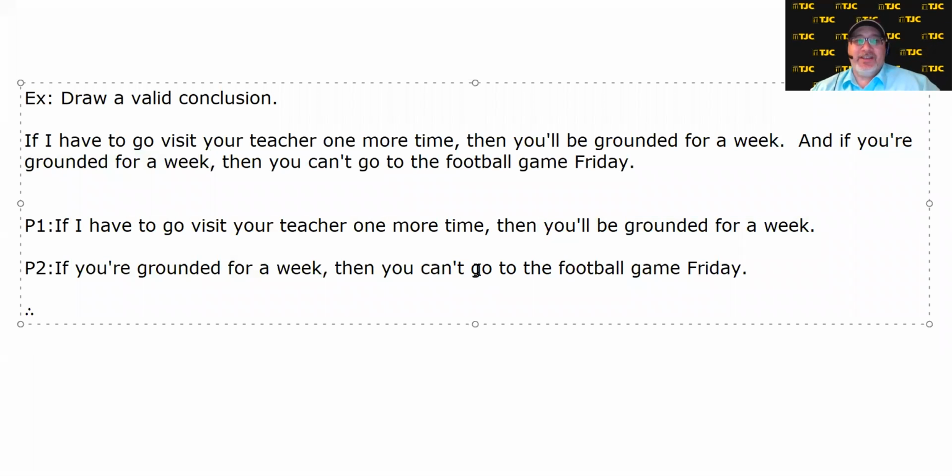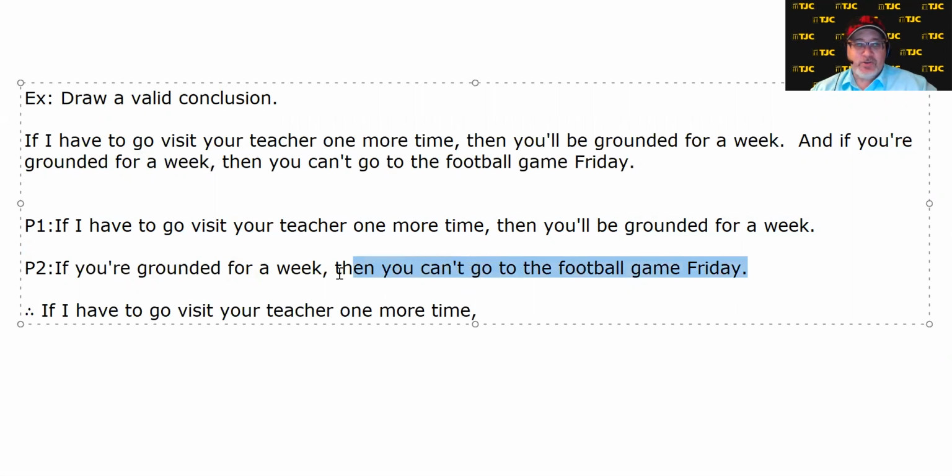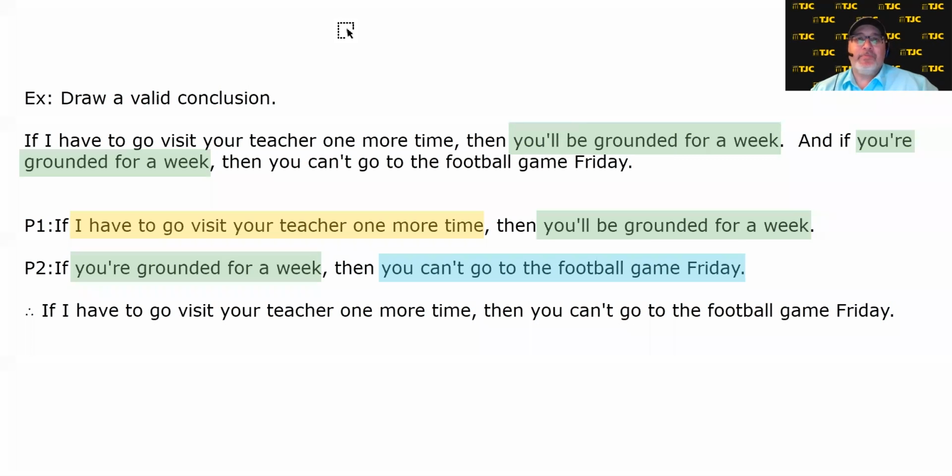What I literally see when I have the two premises set up for the law of syllogisms, one conditional followed by another, where the end of the first conditional matches the beginning of the second, is I see words moving around. My conclusion is going to start with the beginning of the first premise and end with the end of the second premise. And it looks something like that.